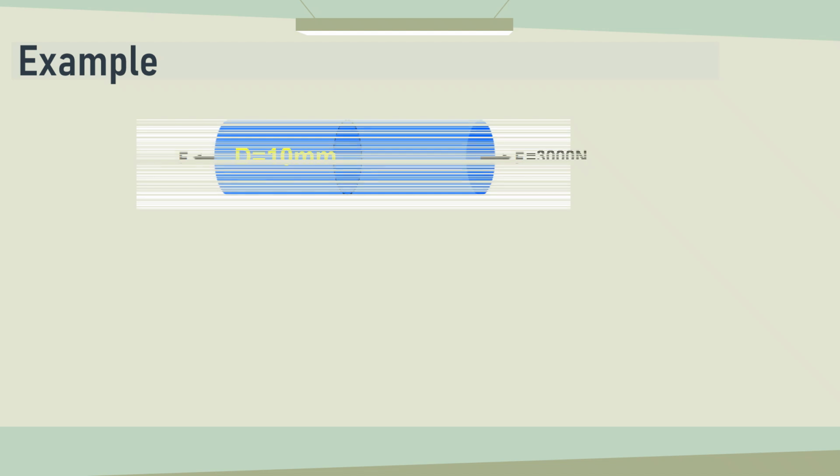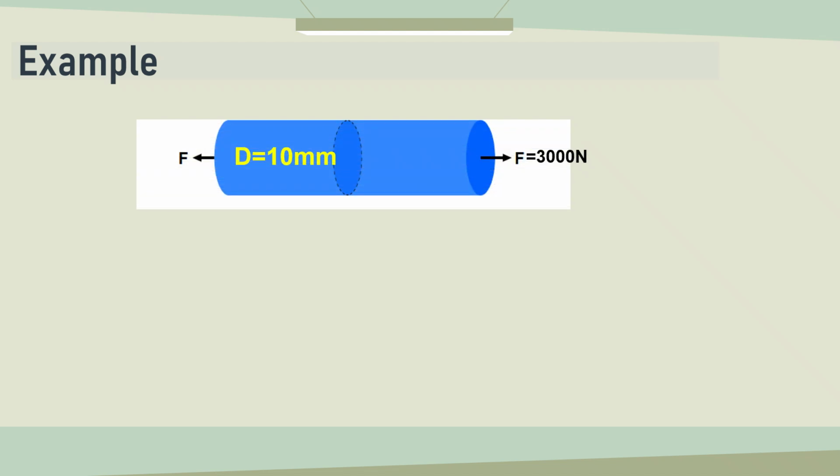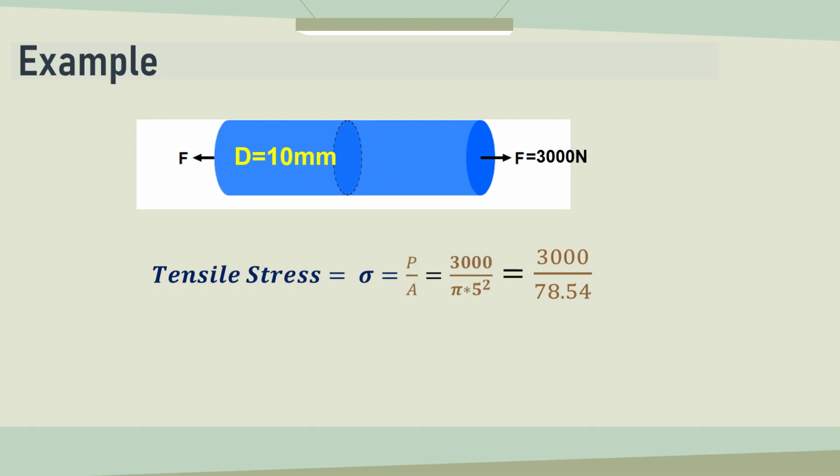For tensile stress, we will do one mathematical example in this video for showing the detailed calculation and its effects. Let us consider a rod with a diameter of 10 mm subjected to a tensile load of 3000 Newton at the end. Now we will calculate the tensile stress through the formula which we saw earlier, where force is divided by the cross-sectional area.